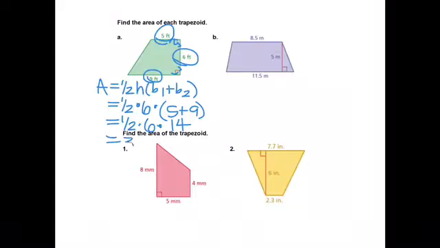Half of 6 is 3. 3 times 14 is 42 feet squared.